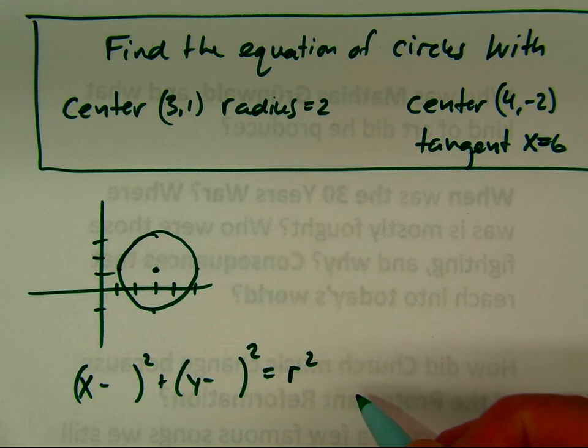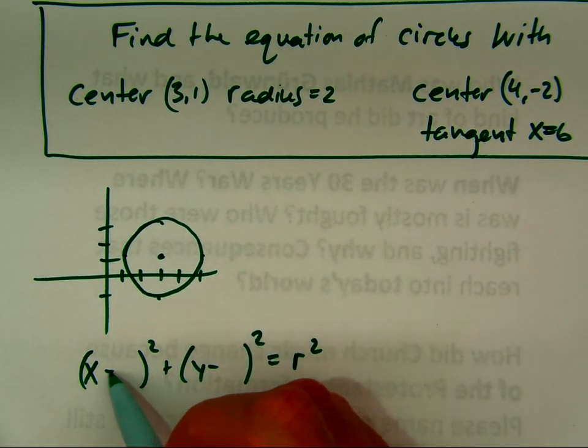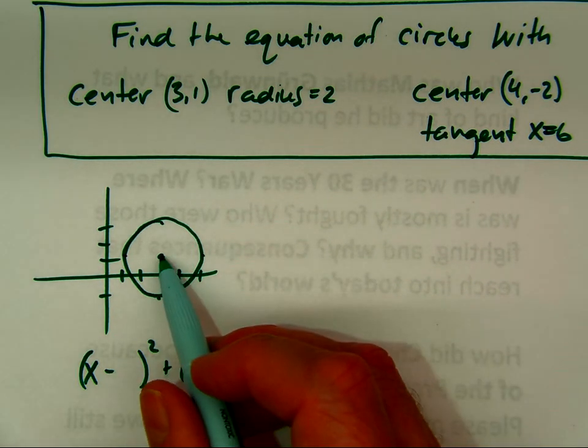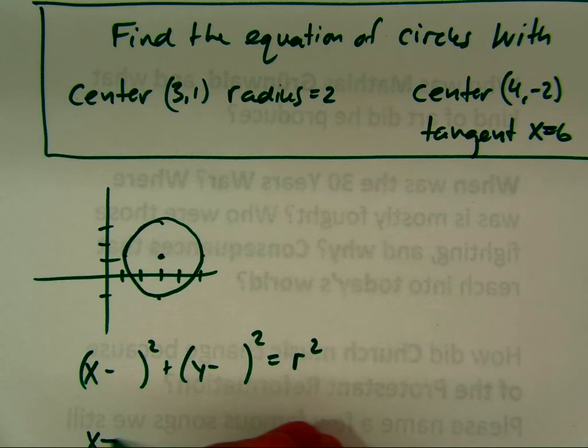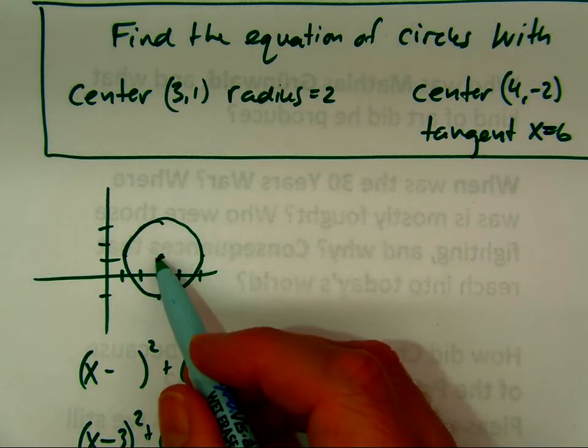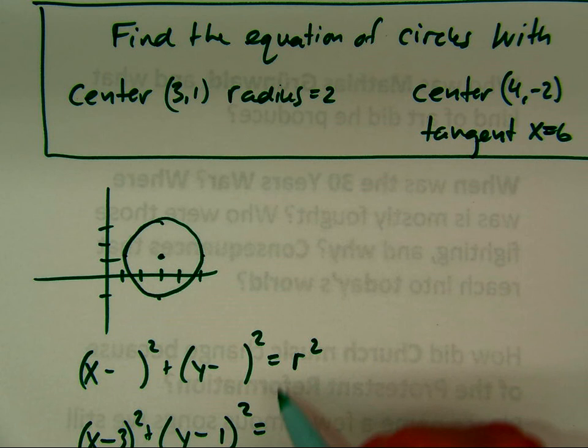Then we just substitute: the x value of the center is 3. The y value of the center is 1. And the radius is 2 squared.